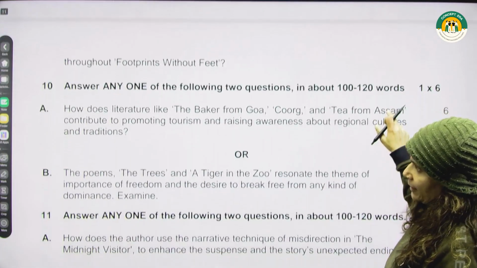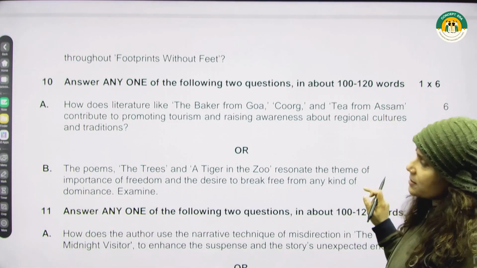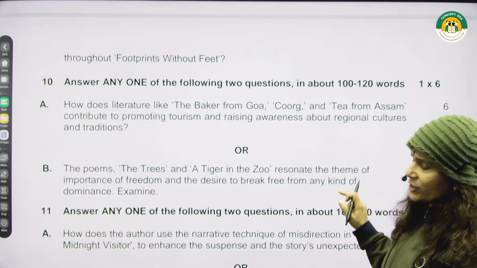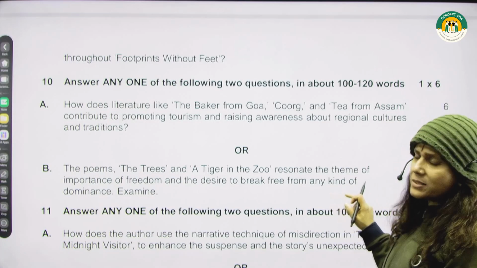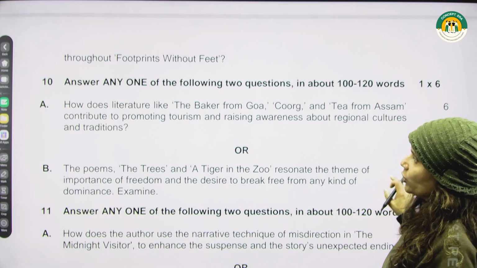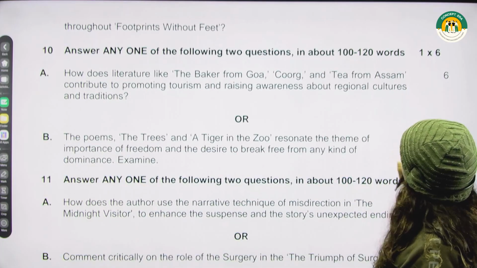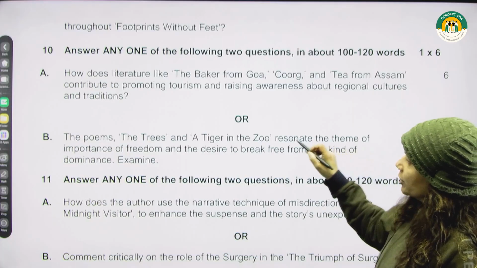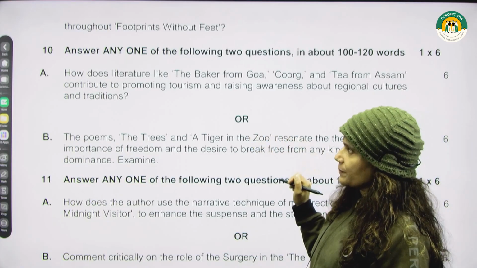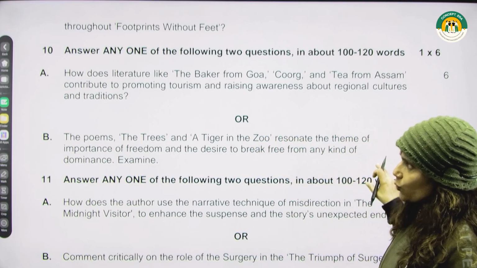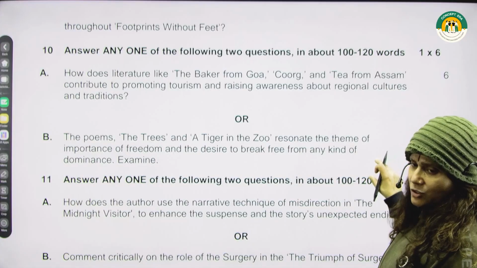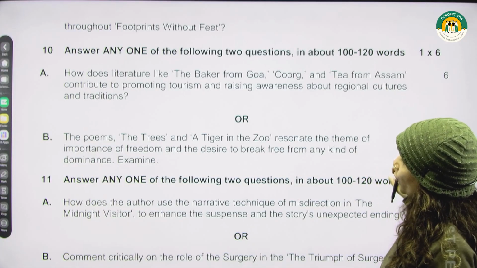Question number 10 is a long answer question where the word limit is 100 to 120 words. Here, further, you can see the internal choice. These questions can be associated with prose or with poetry.